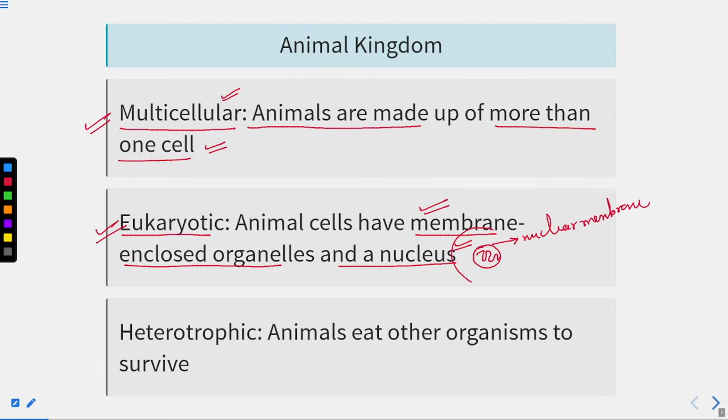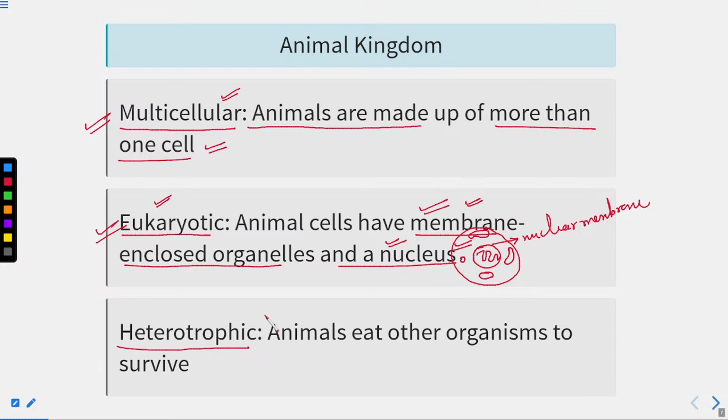Suppose this is a cell, then different cell organelles are present. So, membrane enclosed organelles as well as a nucleus. That is why they have eukaryotic cells.